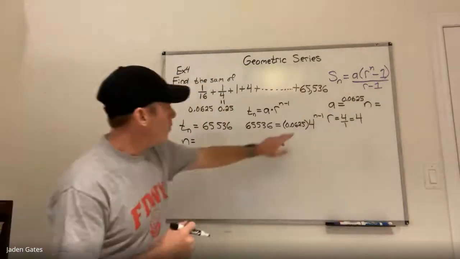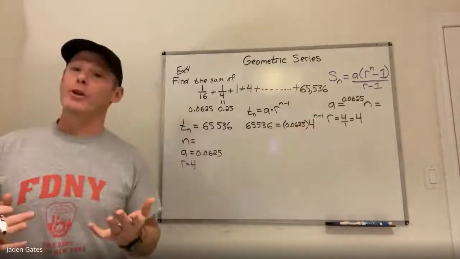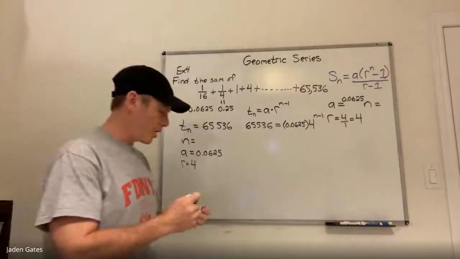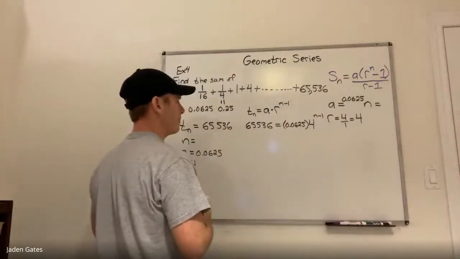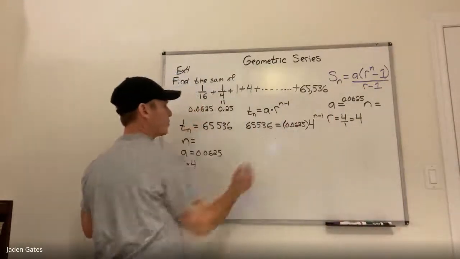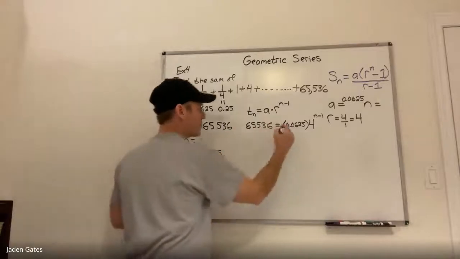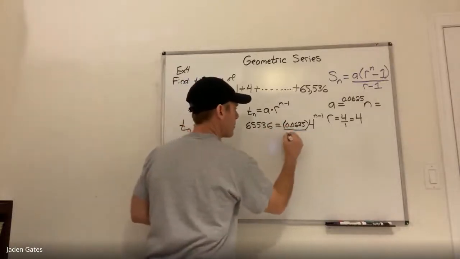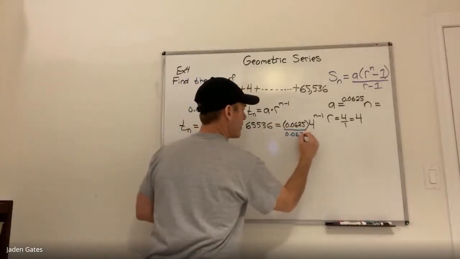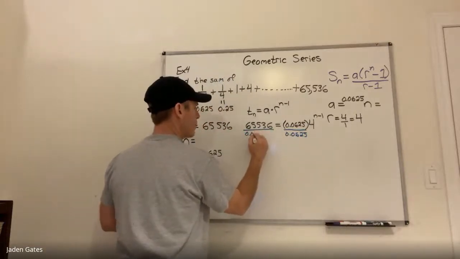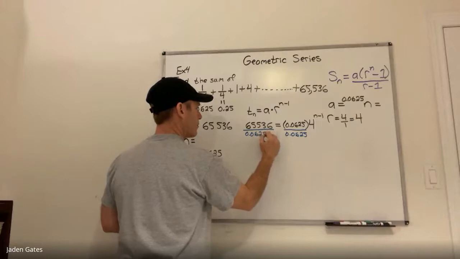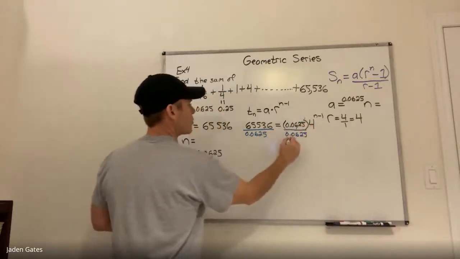All right, so what I want to do is solve for n, solve for an exponent. Exponential equations, but it's going to be a little bit easier than that. First thing I'm going to do is get rid of this decimal, it's a thorn in my side. So I'm going to divide both sides by 0.0625, and they divide each other out.